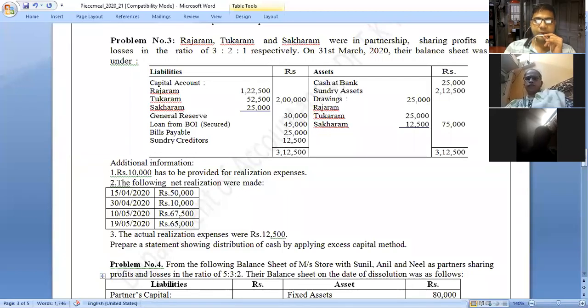After getting this proportionate capital, we have to find out excess capital. Excess capital is very simple to find out: adjusted capital minus proportionate capital. Adjusted capital was 1,12,500 and proportionate capital was 52,500, so Rajaram's excess capital is 60,000.